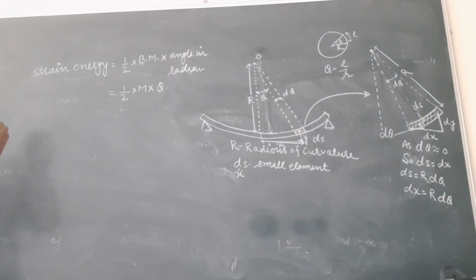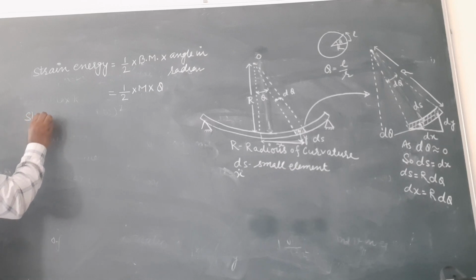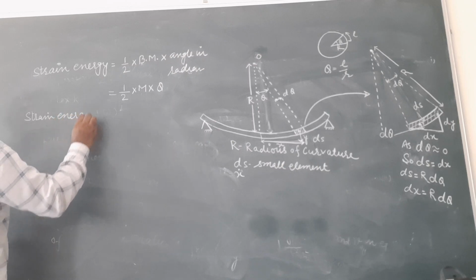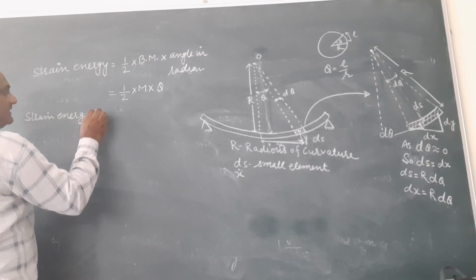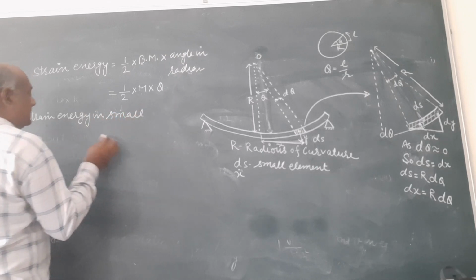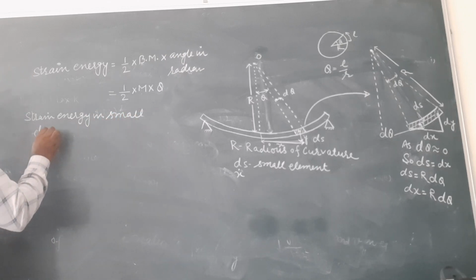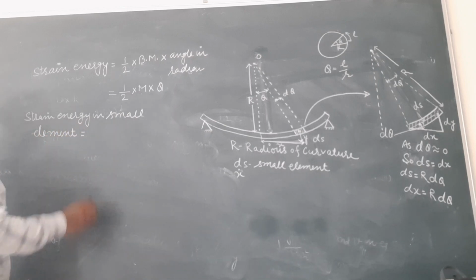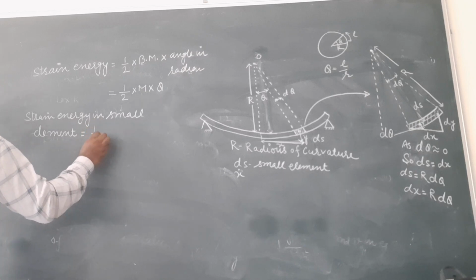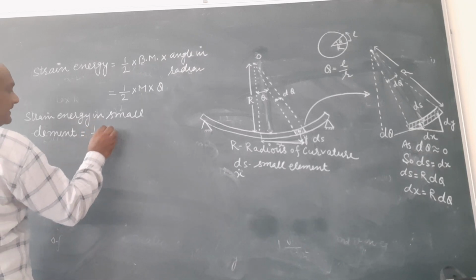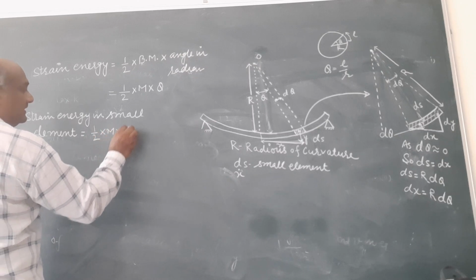So the strain energy stored in this small element is equal to half M into d theta.